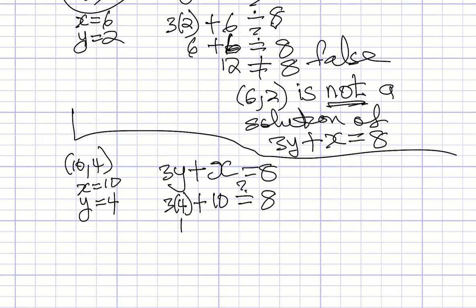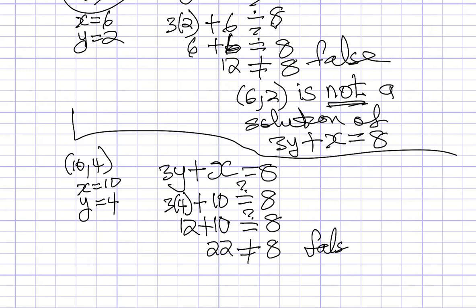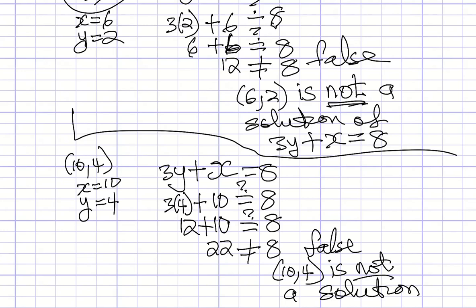What is that? 12 plus 10 is 22. Obviously 22 is not equal to 8, so that statement is false. That means (10, 4) is not a solution of the linear equation.